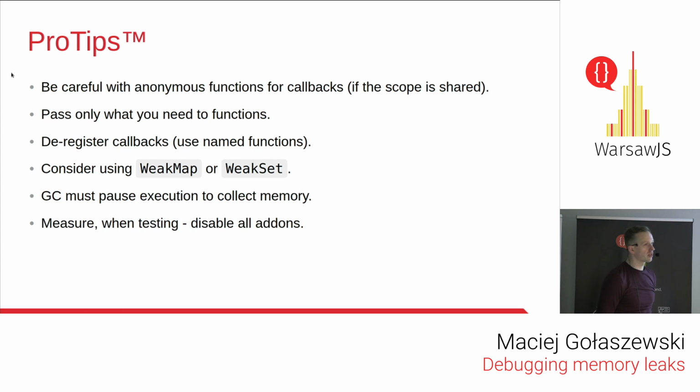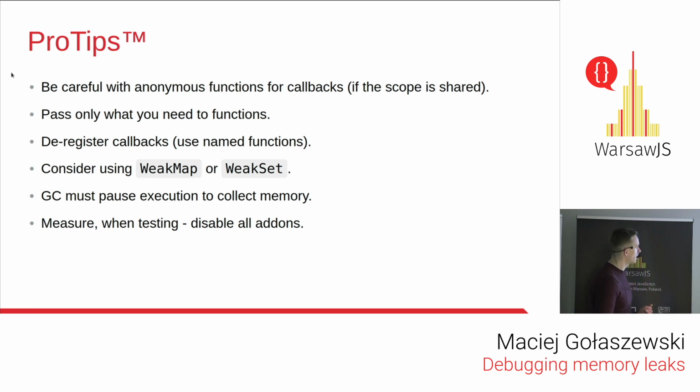Deregister any unused callbacks, like event listeners for buttons, for clicks, if you are not going to use them, and you need to use named functions for that. Consider using WeakMap and WeakSet if you are mapping some values that you are not capable of tracking when you are creating and destroying them. They are very useful for that.